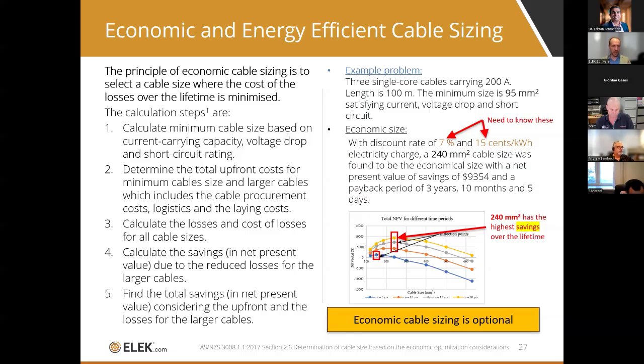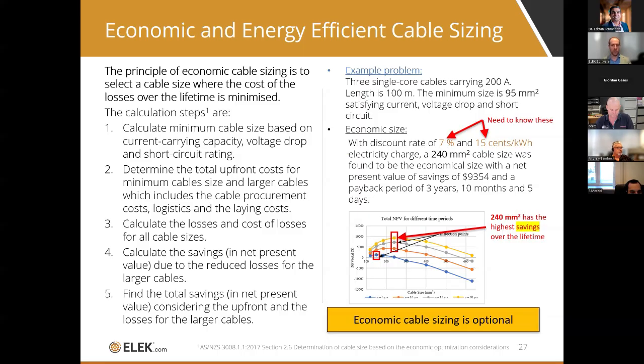Another slight problem that you have as the designer is you need to make assumptions about interest rates, the cost of money now, dealing with the net present value cost. And you need to consider the cost of electricity now and in the future. Those are not very difficult things to work with.